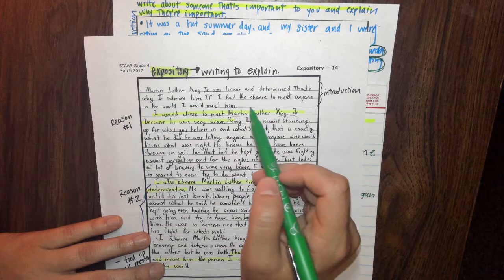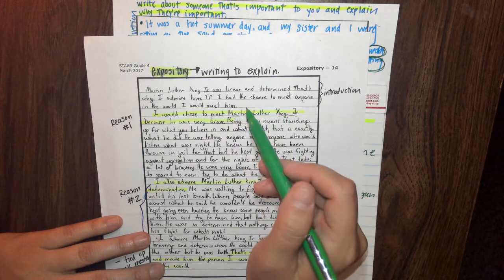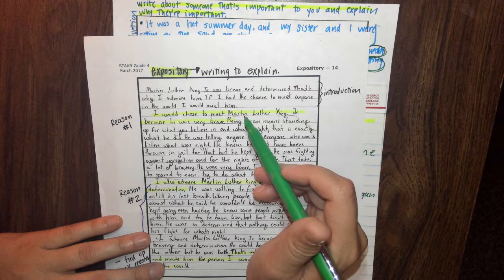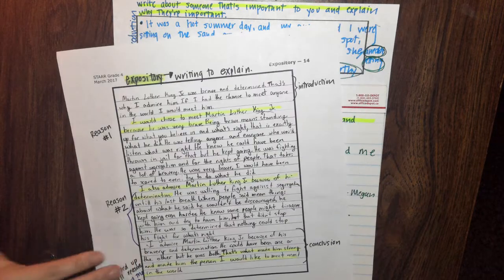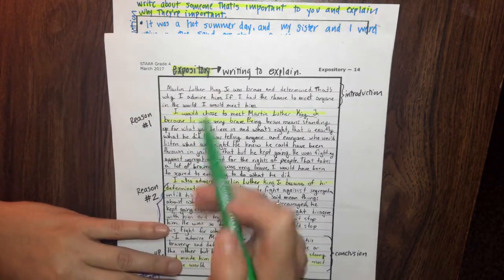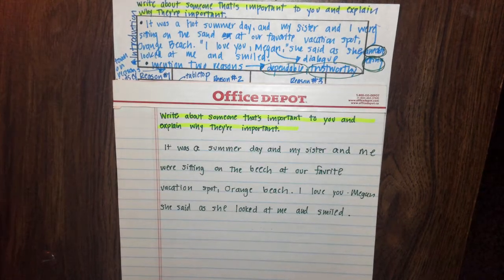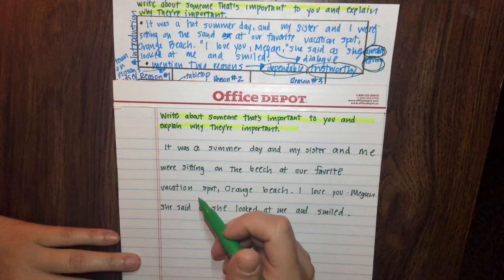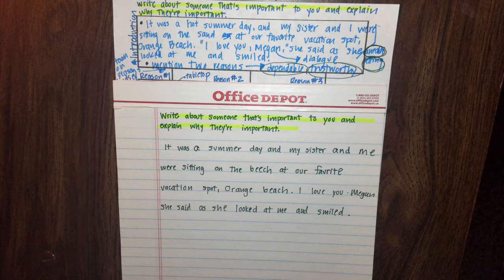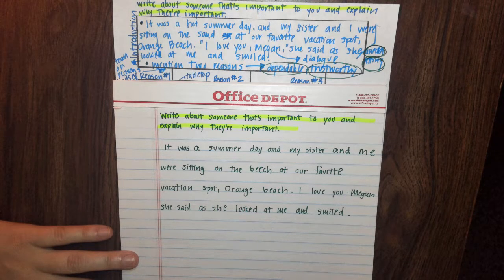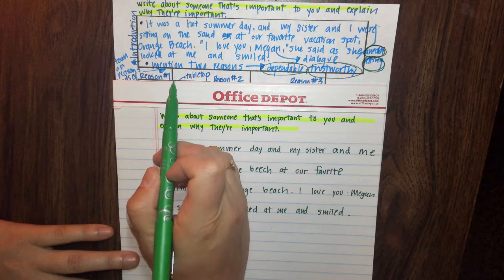That's why I admire him. If I had the chance to meet anyone in the world, I would meet him. Obviously, this essay had a different prompt than ours, but it's good to look at another person's introduction and make sure that we're kind of on the right track. So I've set a hook. Okay, so according to my checklist and my mentor text, now I need to state my claim. So I'm going to state my claim.